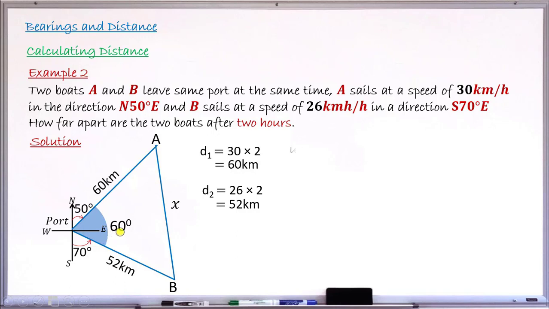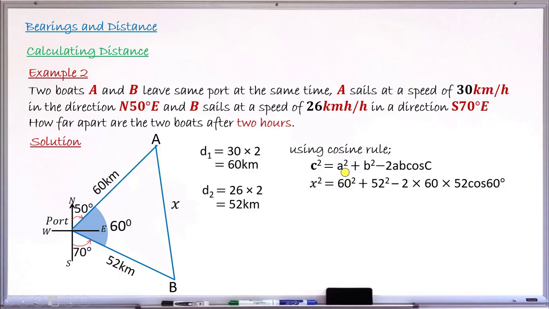So there I can now use the cosine rule to find x. Remember the cosine rule says c squared equals a squared plus b squared minus 2ab cos C. In this case, c is this x, and this is the point capital letter C. So cos C will be cos 60. So substituting correctly, I now have x squared equals 60 squared.